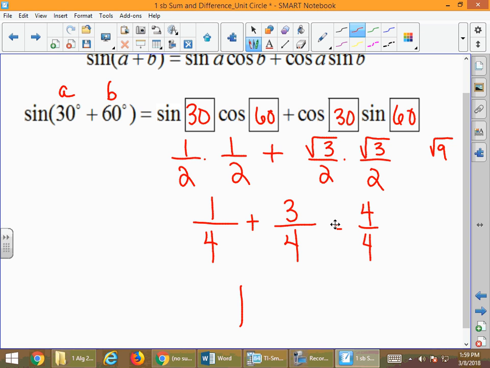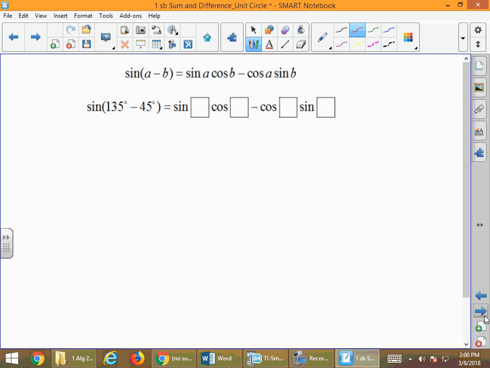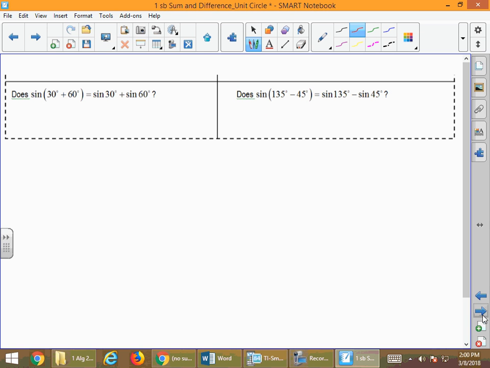We can do the same thing with subtraction, if we look to the right there on our paper. By the way, as I flip down here for a second, does sine of 30 plus 60 equal sine of 30 plus sine of 60? Let's see. What's the sine of 30 again? It's 1/2. What's the sine of 60?